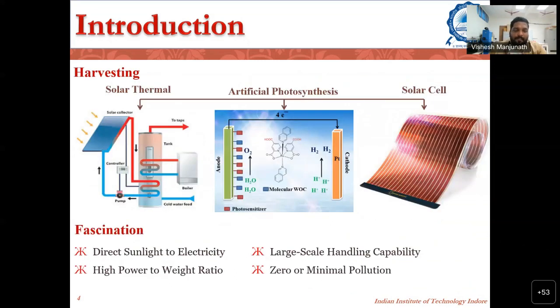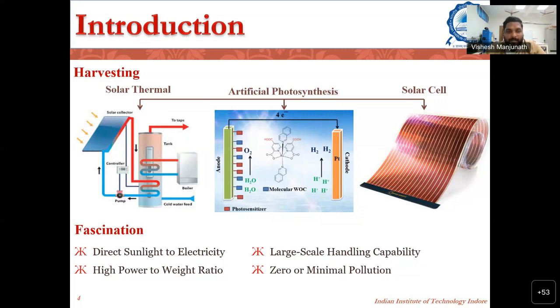When we talk about harvesting solar energy, there are different approaches. There is solar thermal, in which the IR spectrum of the sun is converted into heat, and this heat is used to generate steam from a working fluid.